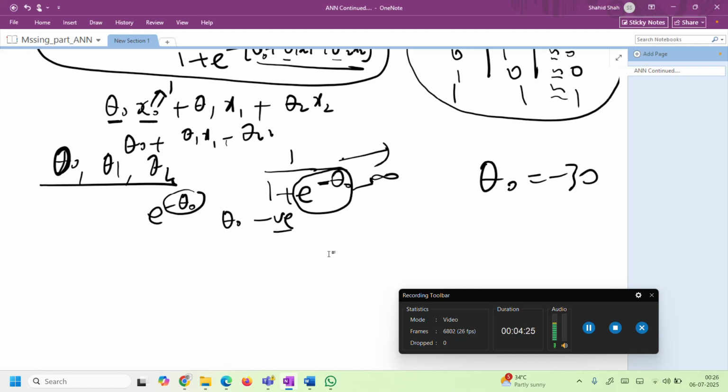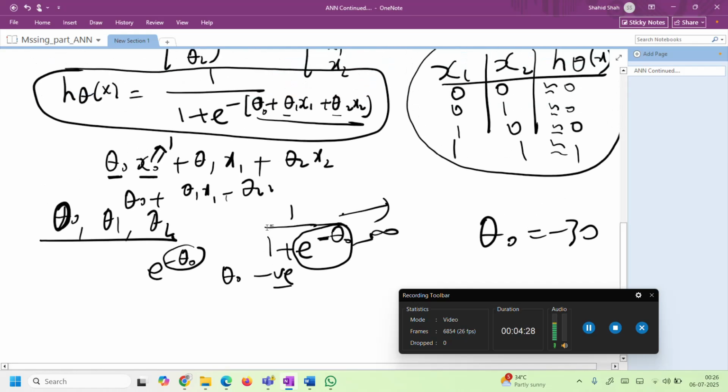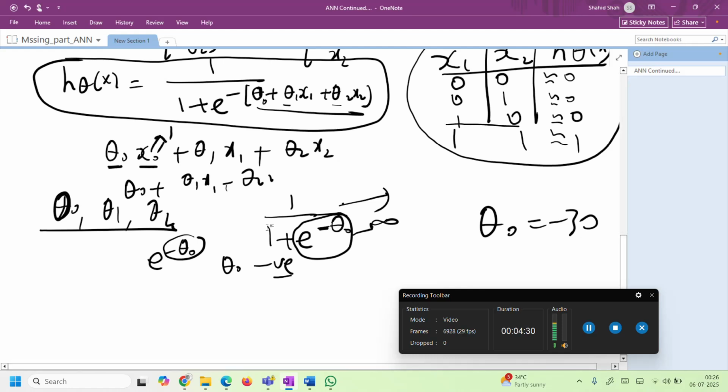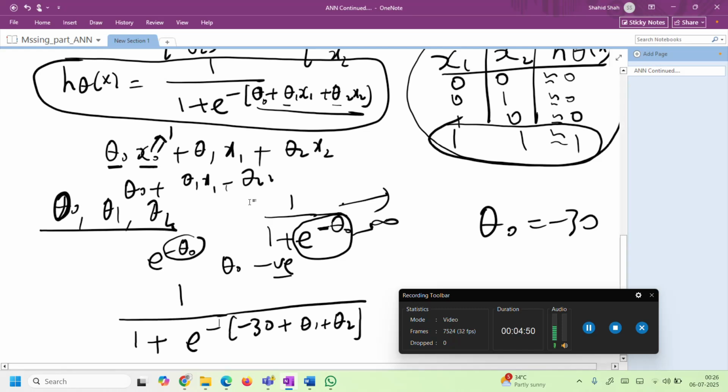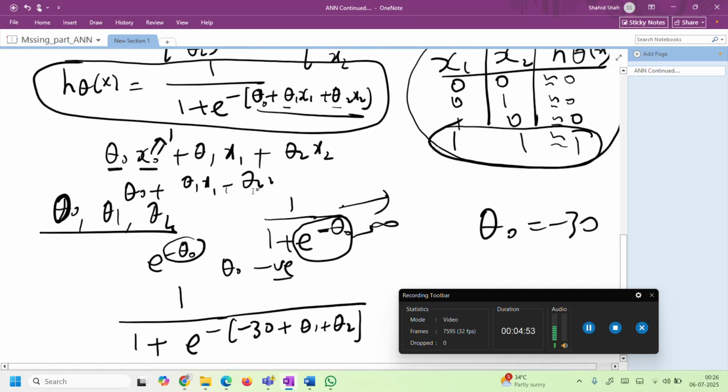Now what should be theta 1, theta 2? To see this, let's take the last case when x1 x2 is 1 1. So when x1 and x2 are 1 1, what is the value of this hypothesis function? E to the power minus, now theta 0 is minus 30 plus theta 1 plus theta 2. You see what the target is. The target is that h theta of x when x1 and x2 are 1 1 should be approximately near 1.